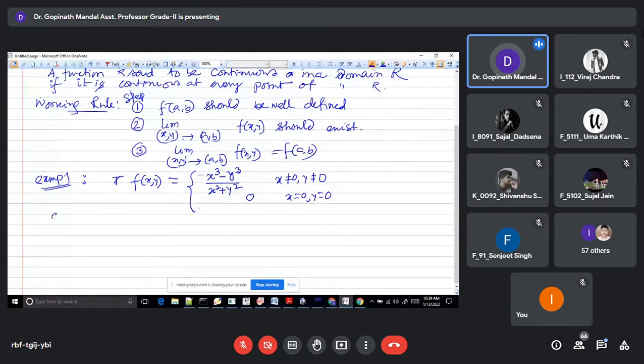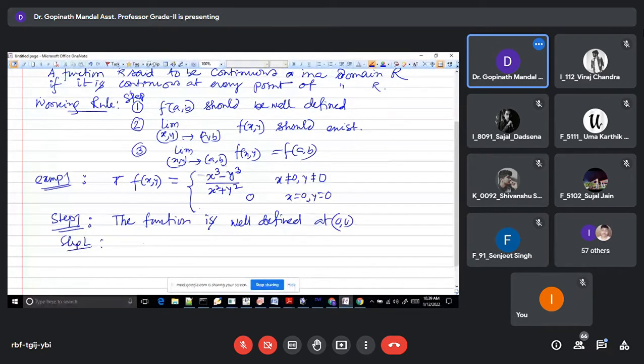So step 1 is the function f(x,y) at the point (0,0) should be defined. At the point (0,0) the function is equal to 0. So the function is well defined at (0,0).